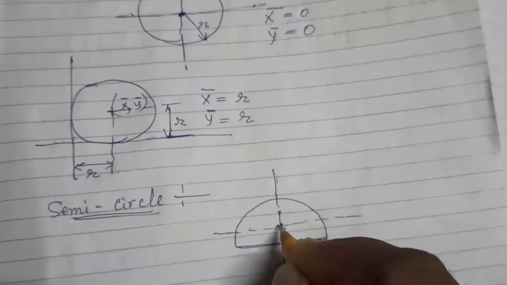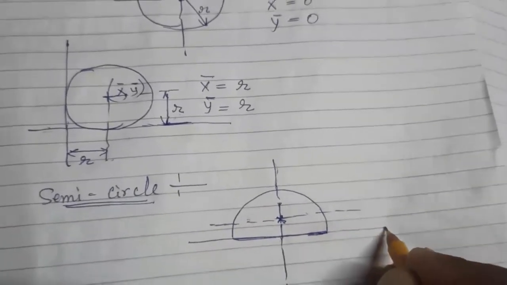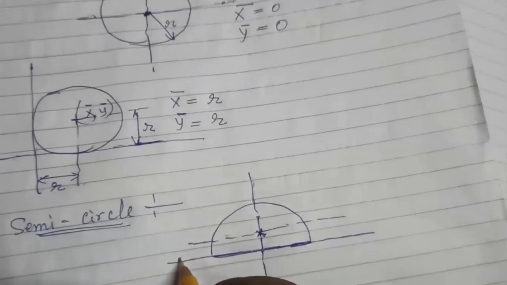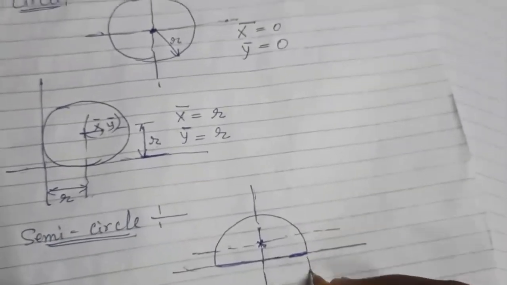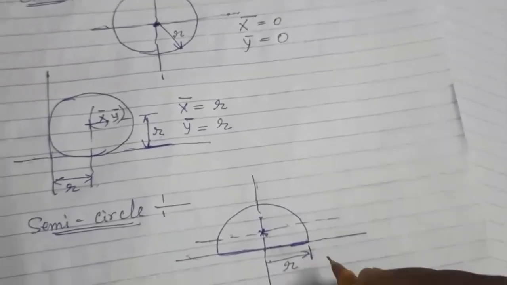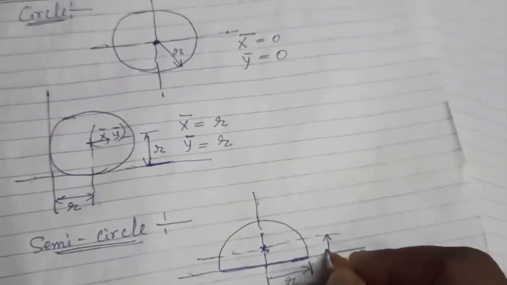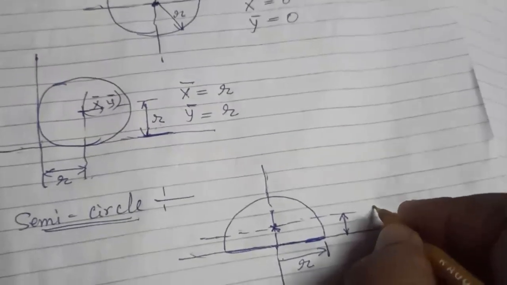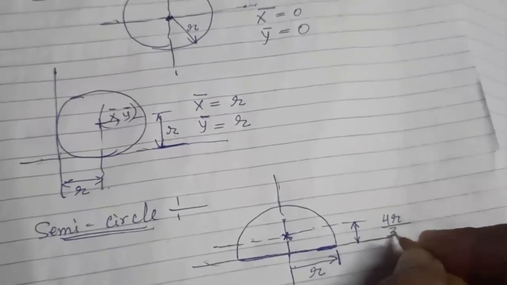And the second is this. This is the diametral axis of the semicircle and the radius is r. Now this distance is 4r by 3 pi.